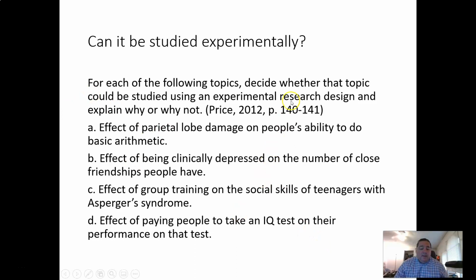D, the effect of paying people to take an IQ test on their performance on that test. And so you can pay people different amounts, from not paying them anything, a control group, to paying $10 or $50 or $100 to take an IQ test and looking at their performance on that test.